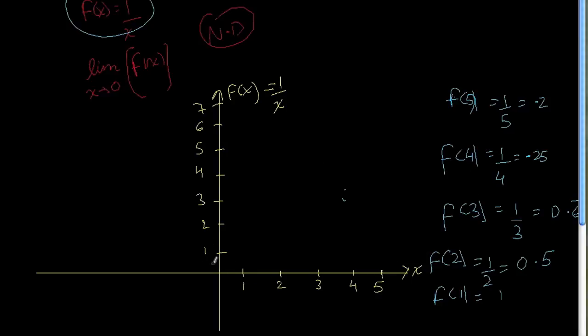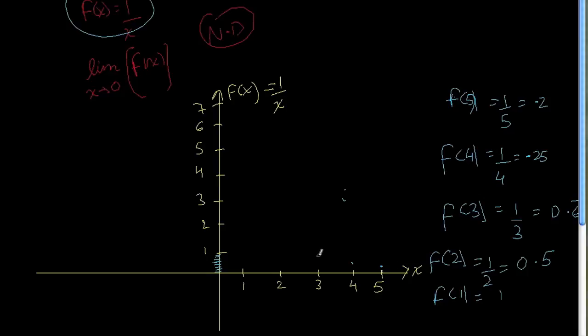Let's say this is 1, 0.1, 0.2, 0.3, 0.4, 0.5, and so on. So 0.2 would be right here, somewhere just above. 0.25 would be a very little above this point right here.